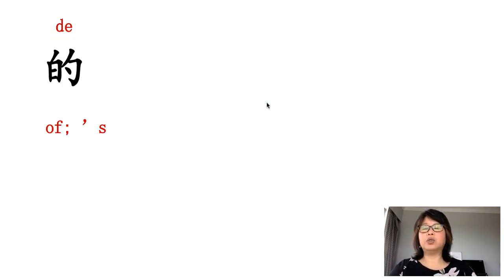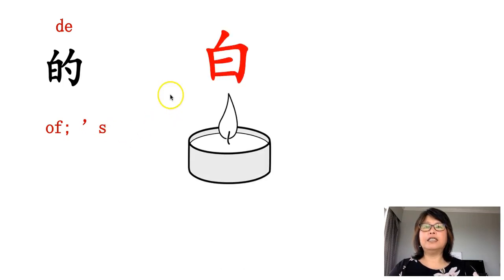This is the functional word 的, more like "of" something, to show possession or belonging, or more like apostrophe s. We break this up. On the left is a candle, so the candle can give us light.